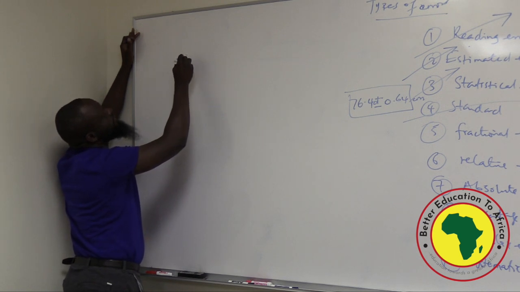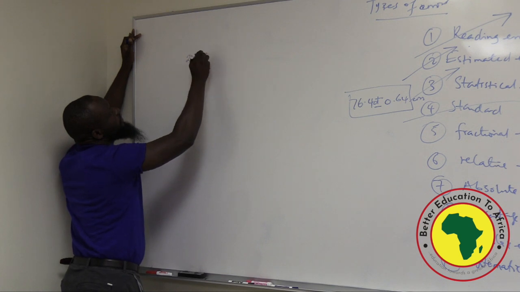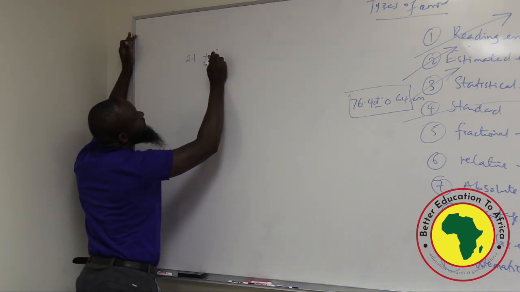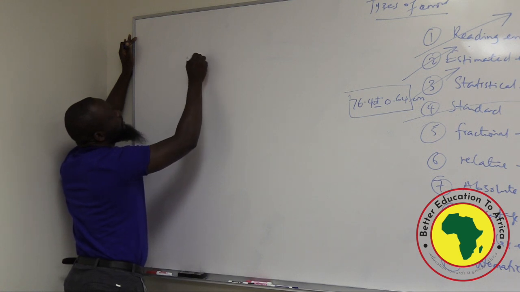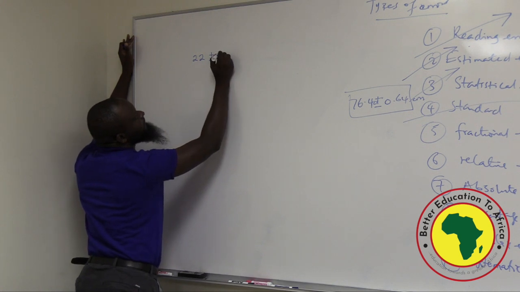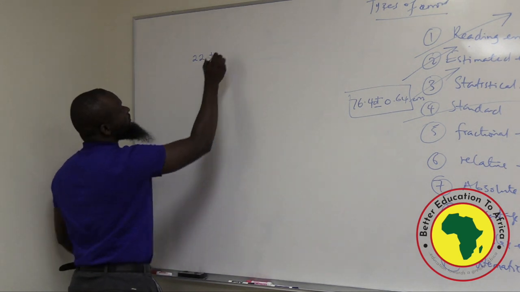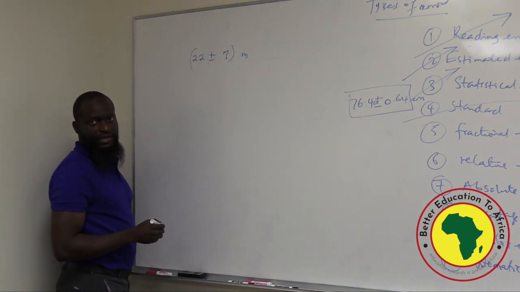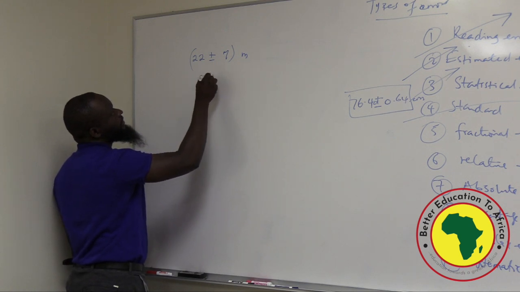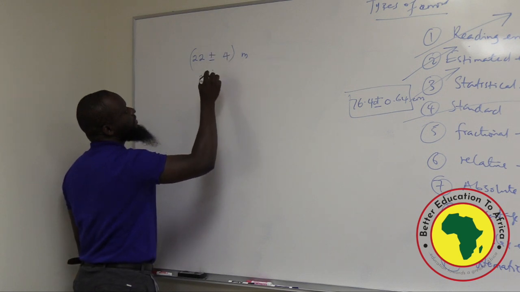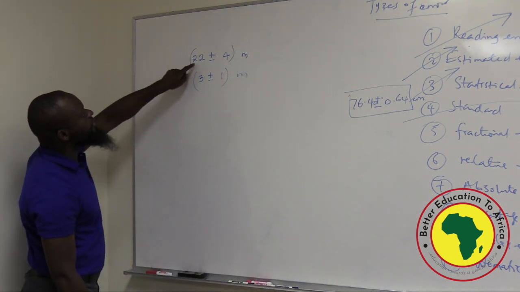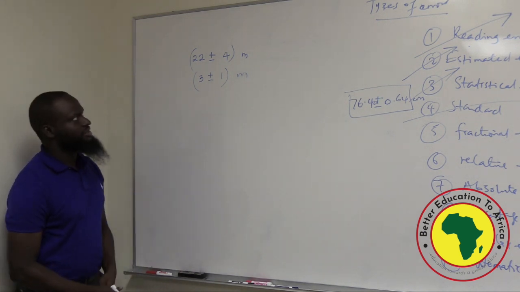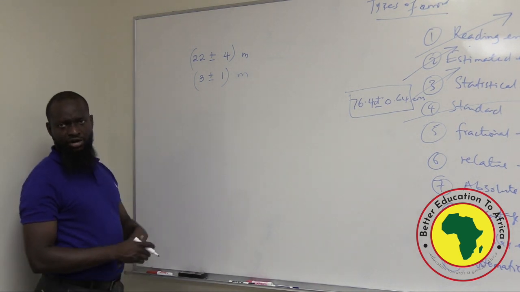I have 22 plus minus 4 meters, and 3 plus minus 1 meters. Let's analyze this.